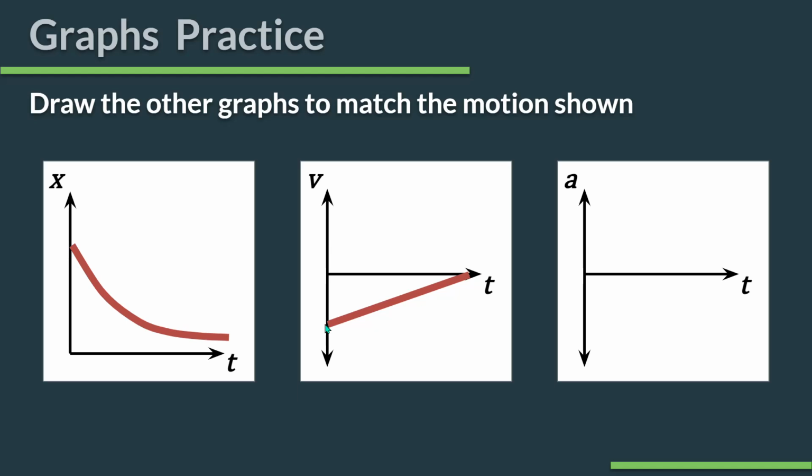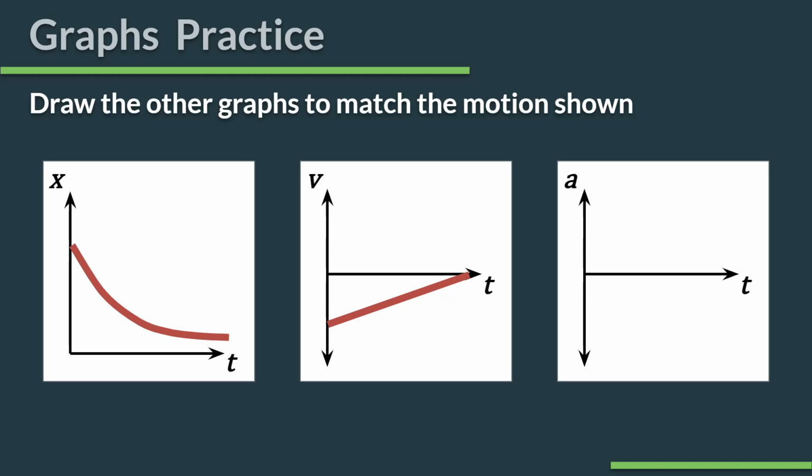All right, AT graph. Again, all you want to do for this one is look at your VT graph. Is the slope of my VT graph positive, negative, or 0? Come on, guys. What's the slope? Positive, negative, or 0? I hear negative and I hear positive. One of those is right.